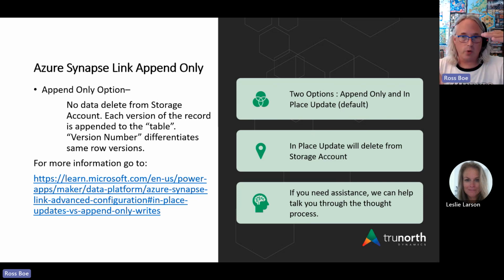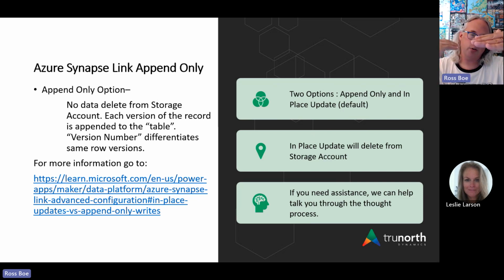The way that they query the data, they're using a feature of Dataverse called change data tracking. And what that does is every time you query the data with change data tracking, it's going to give you the latest version of the row at that time, but it's going to give you all changes that happened since the last time you checked.